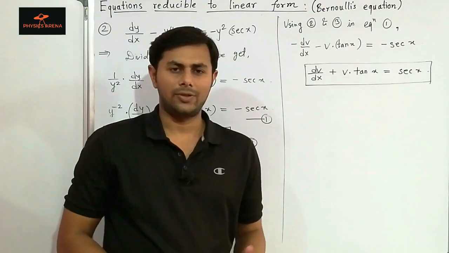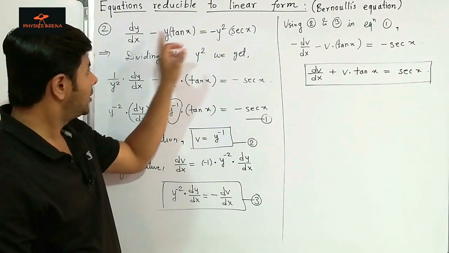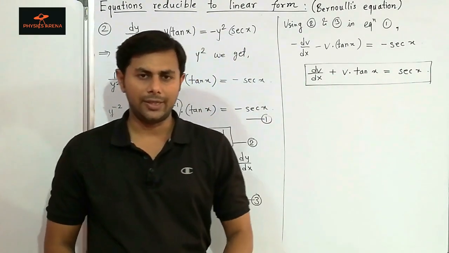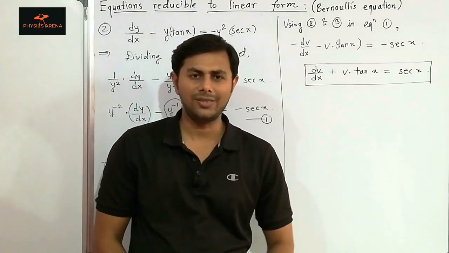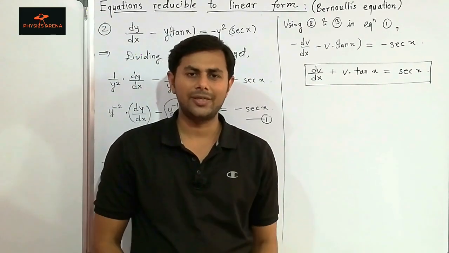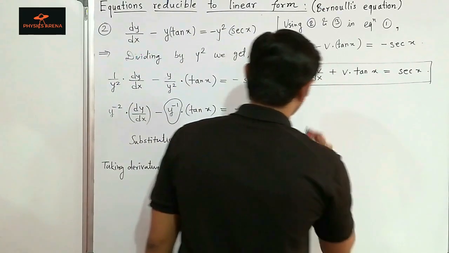Okay, so now we have converted or reduced this differential equation into a linear differential equation of first order, and we know how to solve this. So we just need to compare it with the linear differential equation of first order and find the integrating factor.